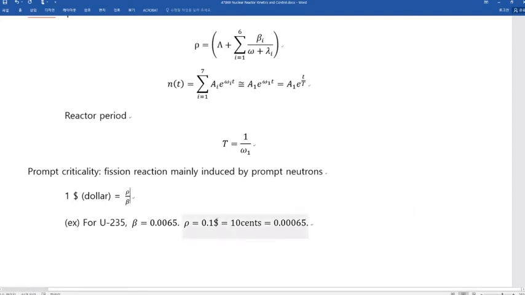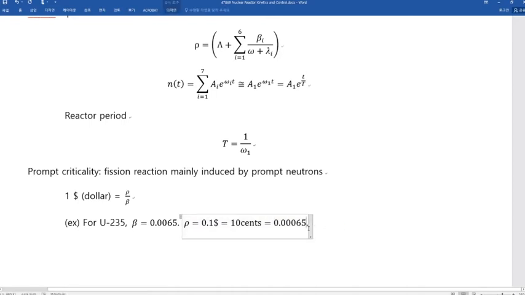So $0.1 or 10 cents. Of course, $0.1 is equivalent to 10 cents, and 10 cents in reactivity means this amount of reactivity.